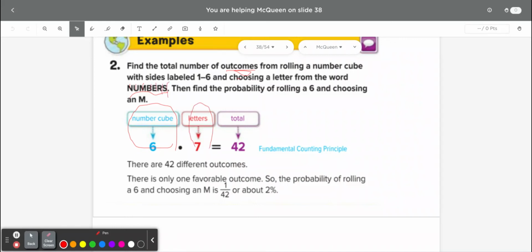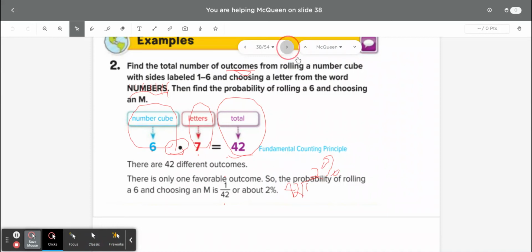So there are 7 letters. What do we do with probability? We multiply. So 6 number cube outcomes times 7 letter outcomes equals 42 possibilities or outcomes from the 2 of them. So the outcome is 1 out of 42. And if I take 1 divided by 42, you would get approximately 2%.